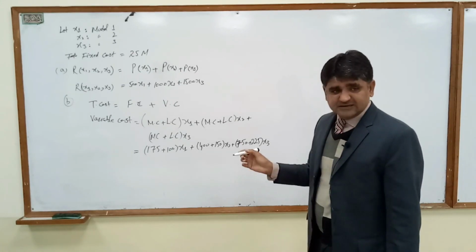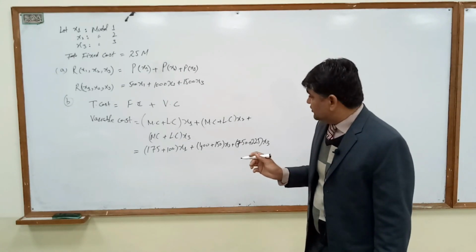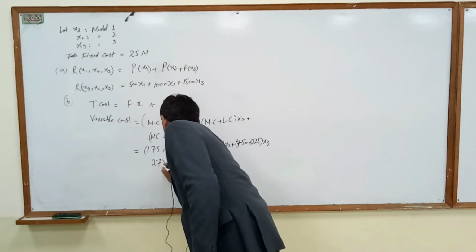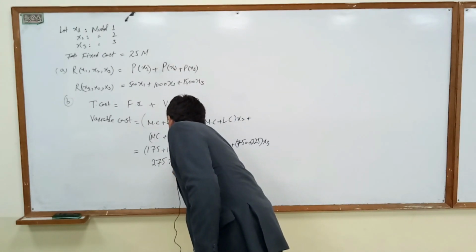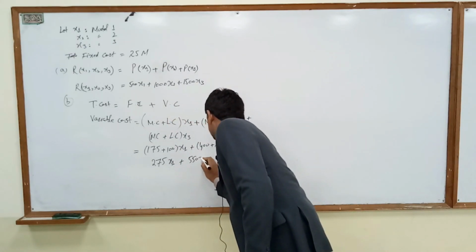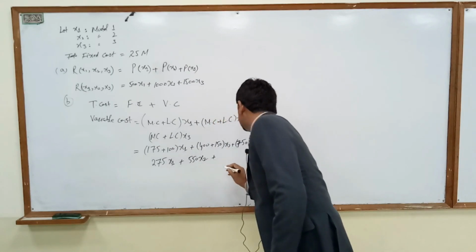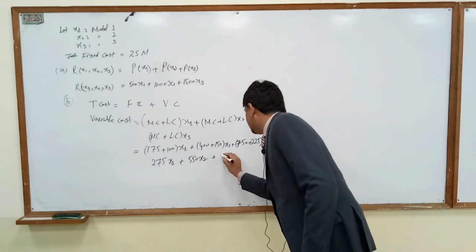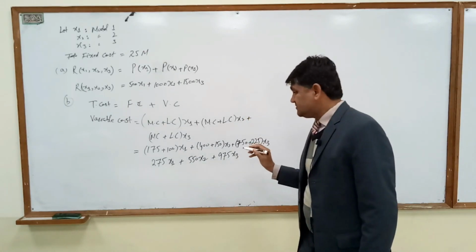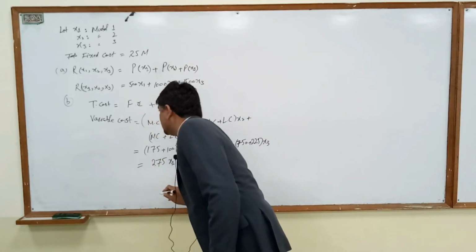So we can sum up: 175 plus 100 is 275 X1, plus 550 X2, plus 975 X3. Is it? That is variable cost.